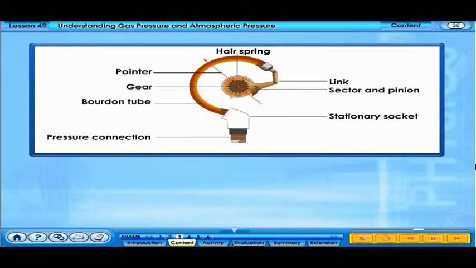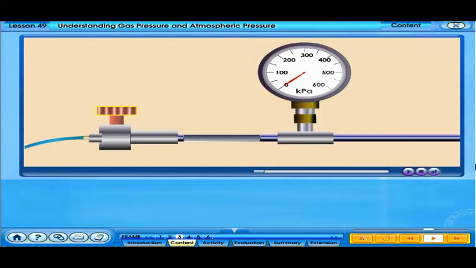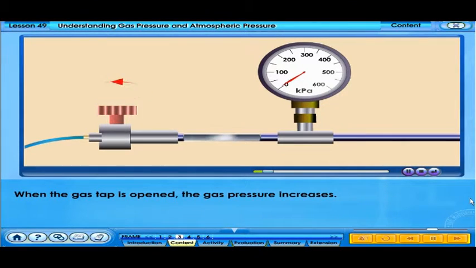The end of the tube is linked to a pointer which reads pressure on a circular scale. When the gas tap is open, the gas pressure increases.